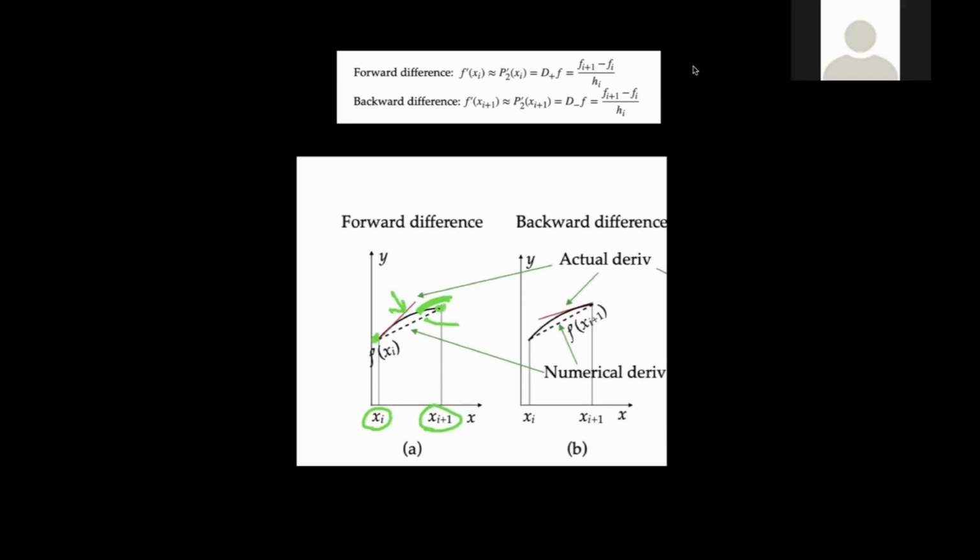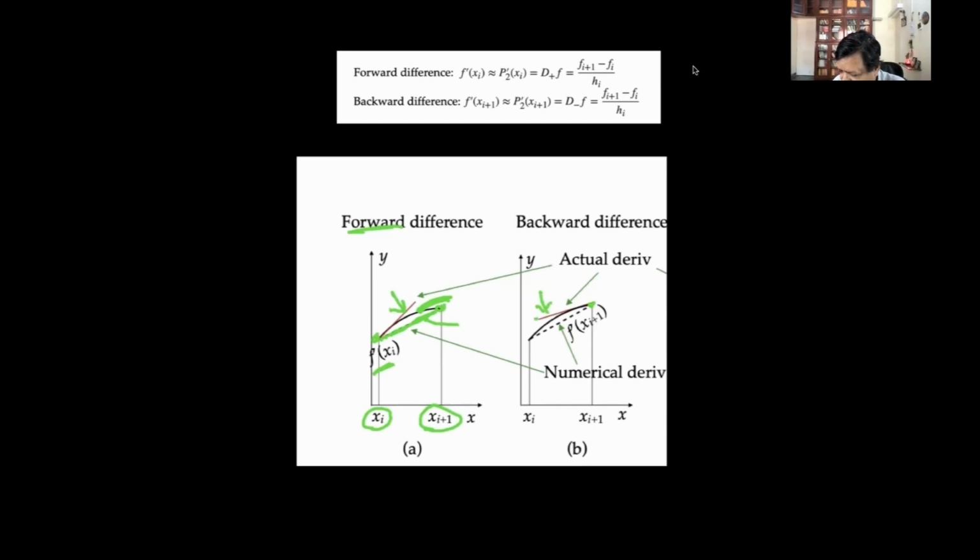So I basically get the slope. This one is the approximate slope, and that is the numerical derivative. And this is computing the derivative here, looking ahead, and that is why it's called forward difference. Okay, forward difference. We can compute the derivative at xi plus 1. The actual derivative is this red line.